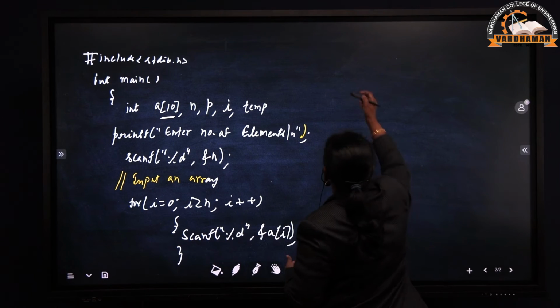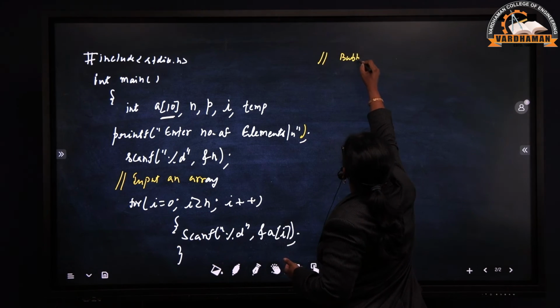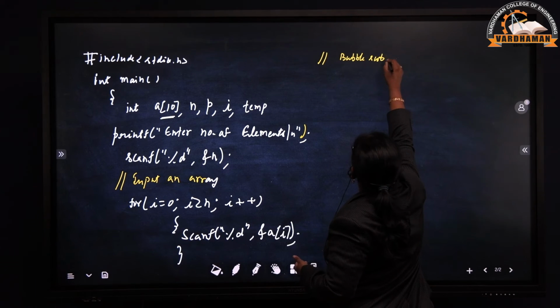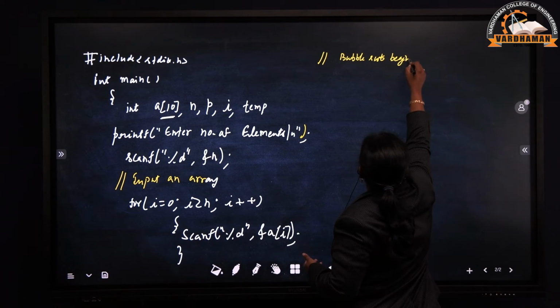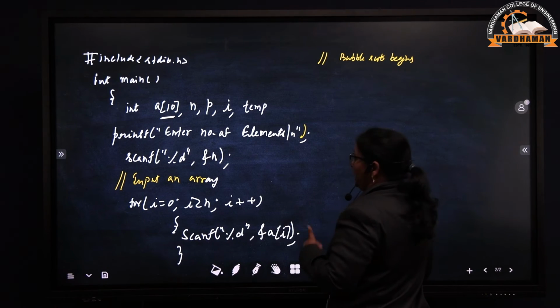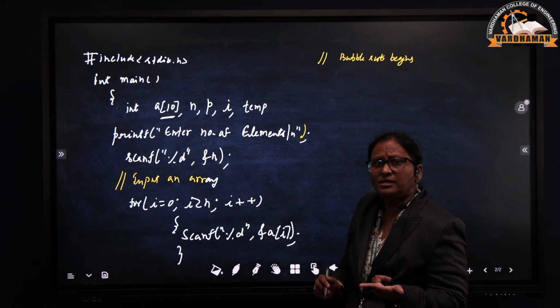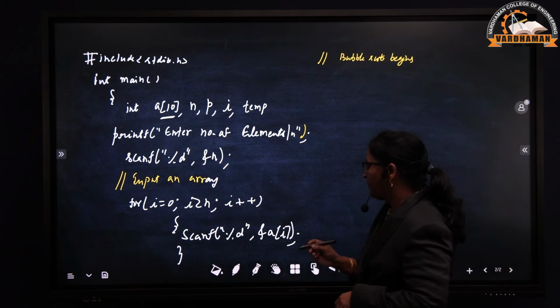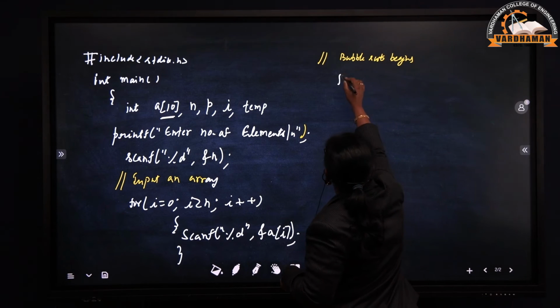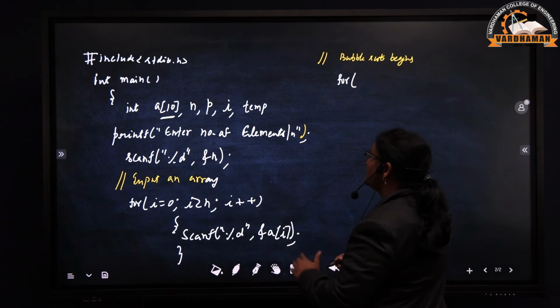Okay. Let's write a comment here: bubble sort begins. See, for each pass, n minus p comparisons. How many passes in total? n minus 1. So I'll take one loop for the number of passes.